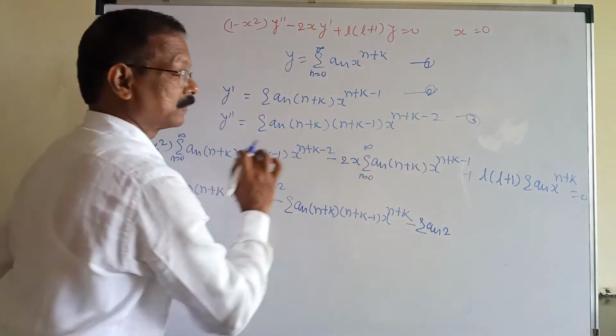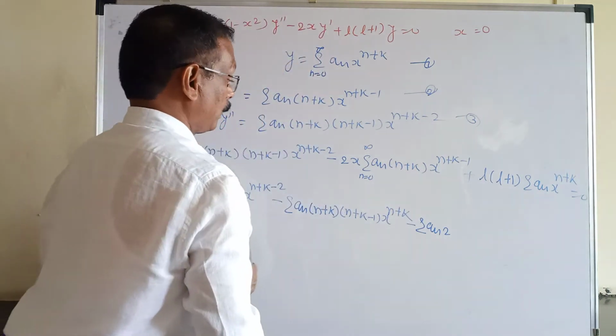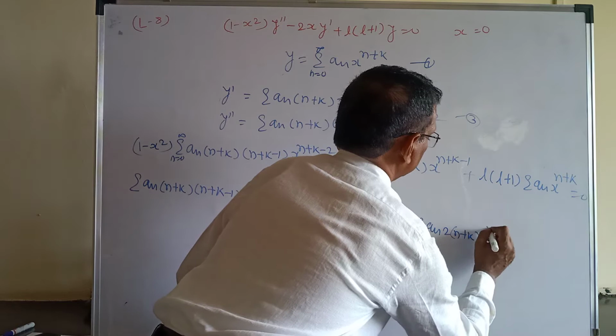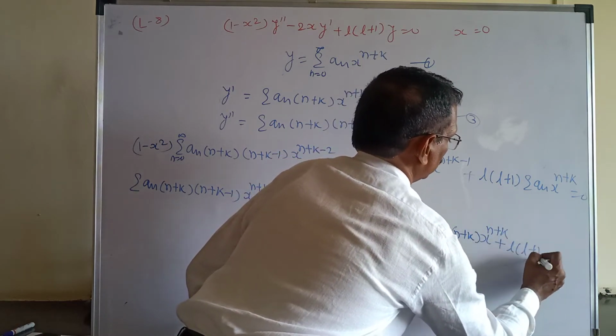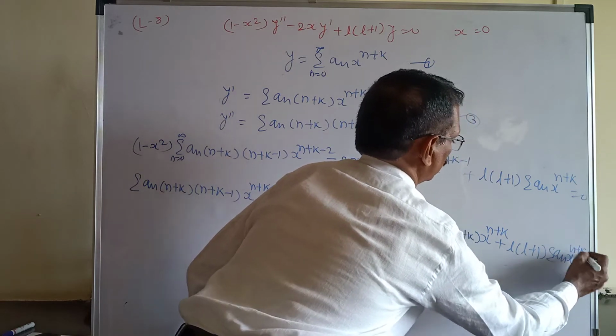This minus 1 gets cancelled with this 1 of x, so the remaining is x^(n+k). Minus summation of 2 a_n (n+k) x^(n+k). Now this term is as it is, plus l(l+1) into summation of a_n x^(n+k) is equal to 0.